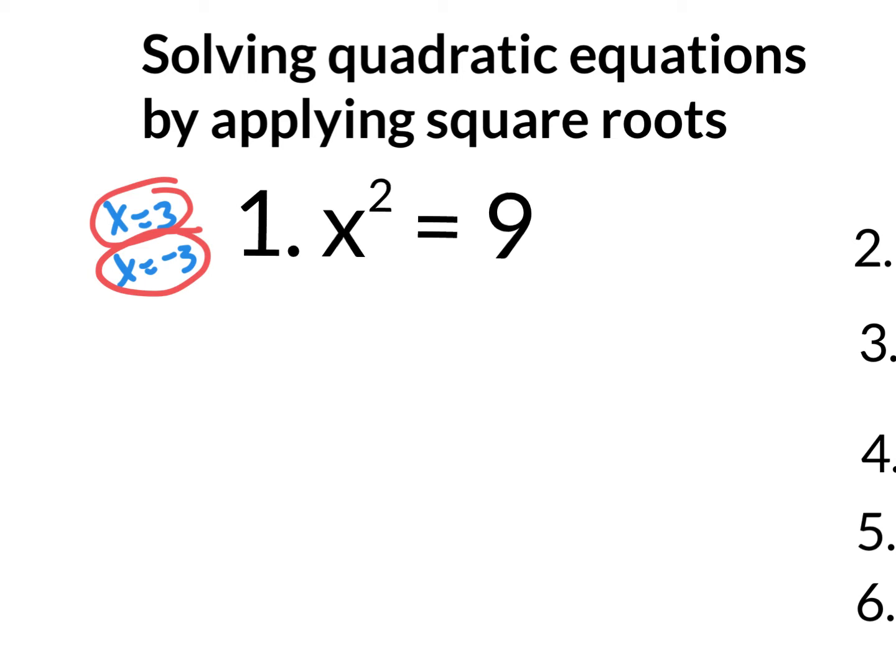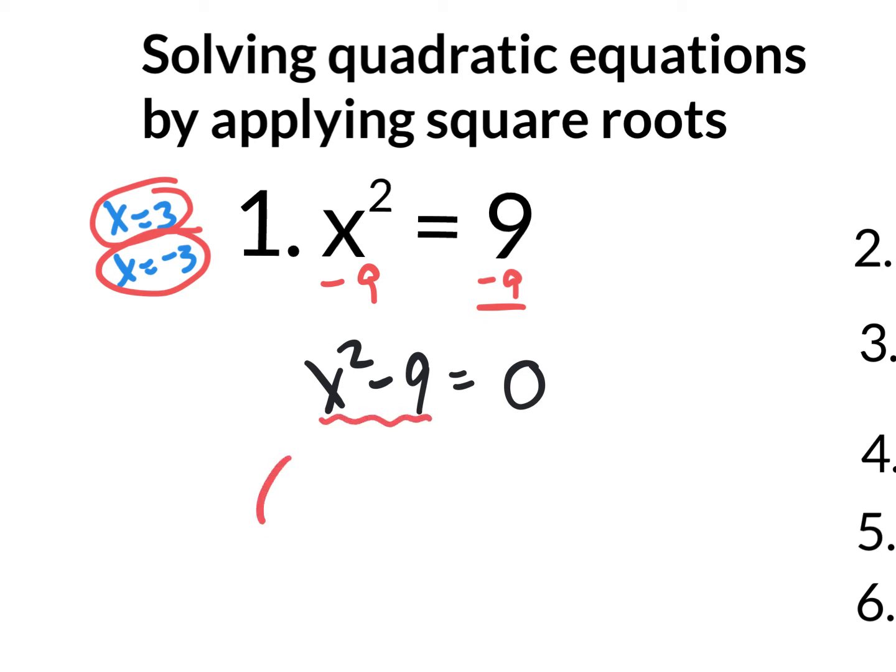Another way of doing it would be to, again, subtract 9, setting it equal to 0, rewriting it, x squared minus 9 equals 0, and then factoring the quadratic equation, splitting and solving. So if I wanted to, I could think, hey, this is a difference of two squares, right? I could factor it, thinking what times what is negative 9, that if I combine together is the middle value, which is nothing.